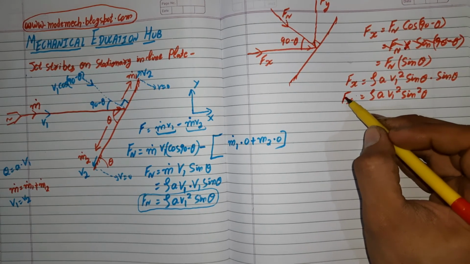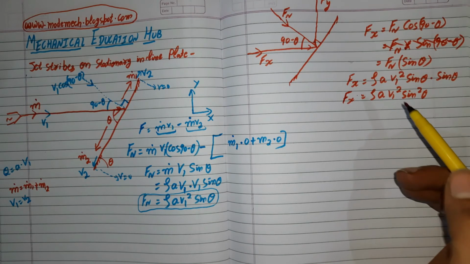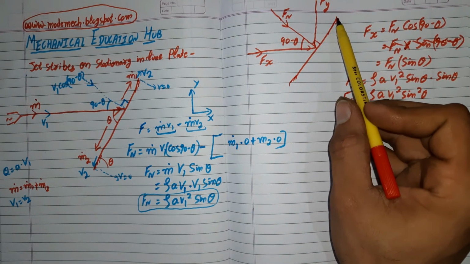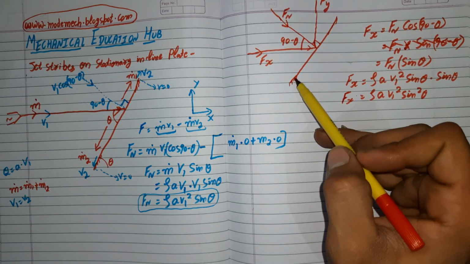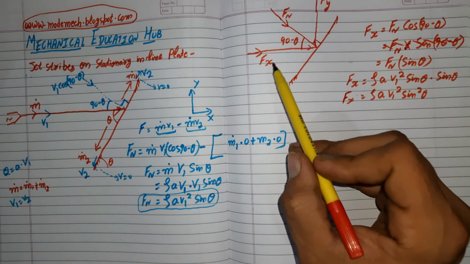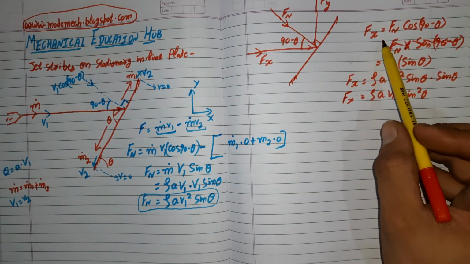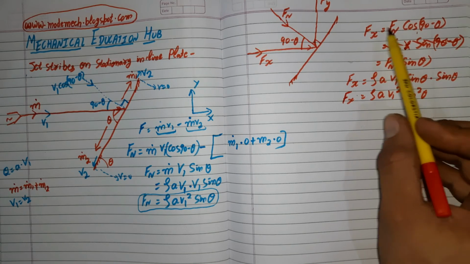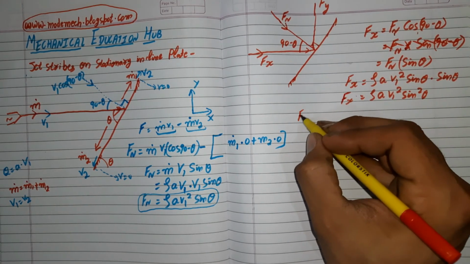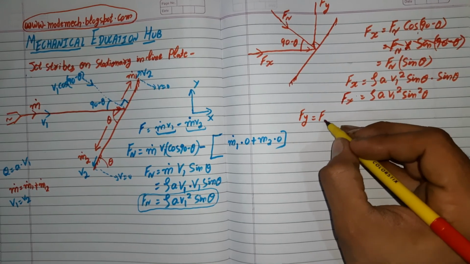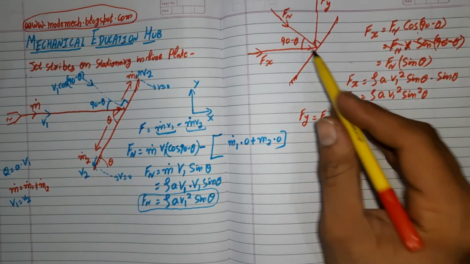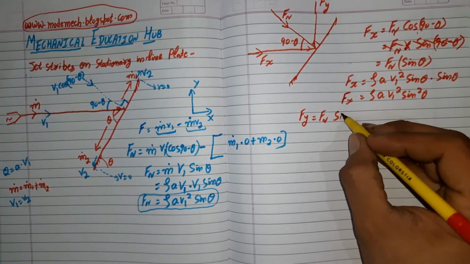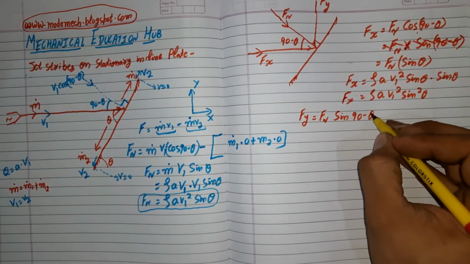In our previous case, force in normal direction and in x direction were the same, but here, when our plate is inclined at angle theta with the horizontal axis, our force in x direction will be the cos component of force in normal direction. Similarly, we can also calculate Fy. Fy will be the sine component of this force in normal direction, and it will be Fn sin 90 minus theta.